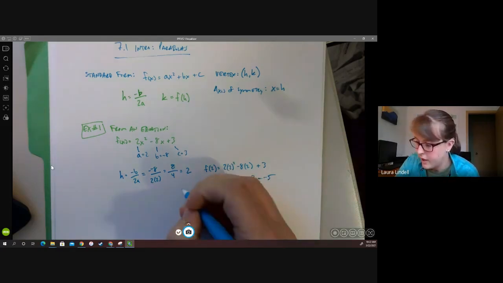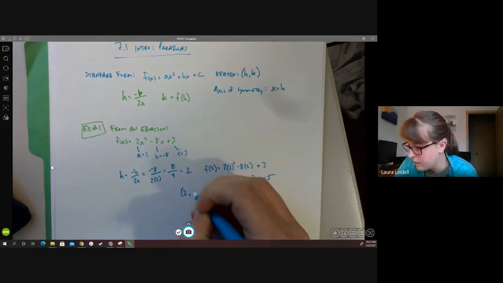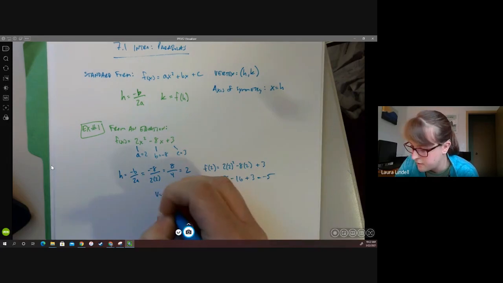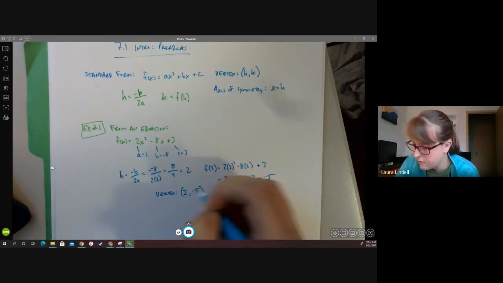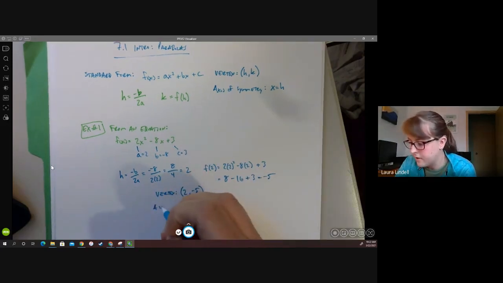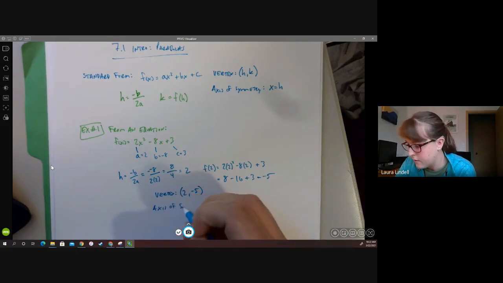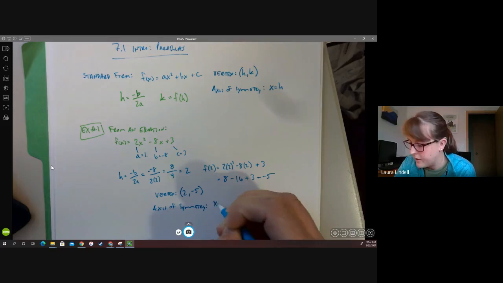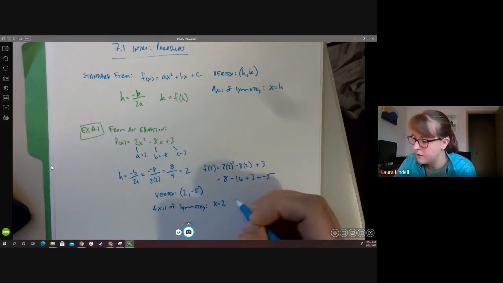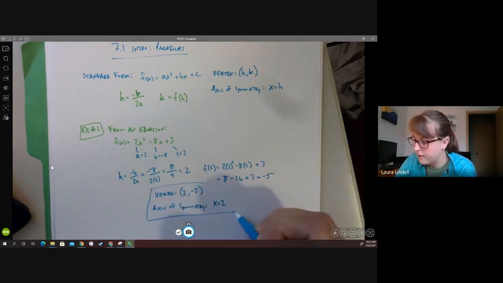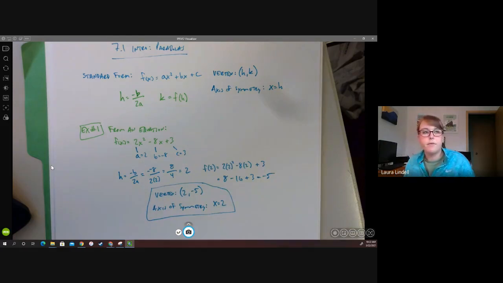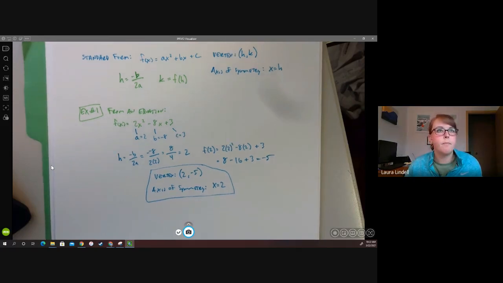So then (h, k) would just be (2, negative 5). This would be our vertex. And then the axis of symmetry would just be x equals the h value, which was 2. Okay. So there's vertex and axis of symmetry from an equation in standard form.